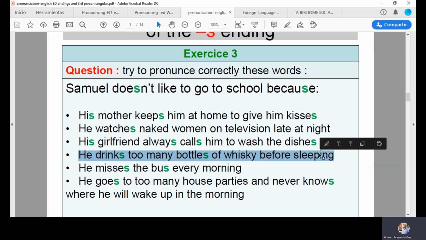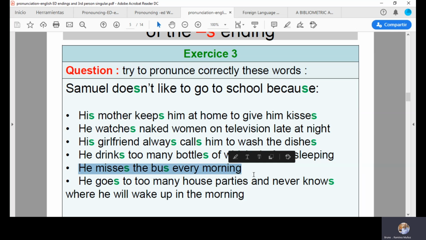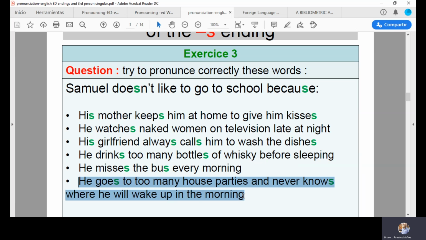He drinks too many bottles of whiskey before sleeping. He misses the bus every morning. He goes to too many house parties and never knows where he will wake up in the morning.